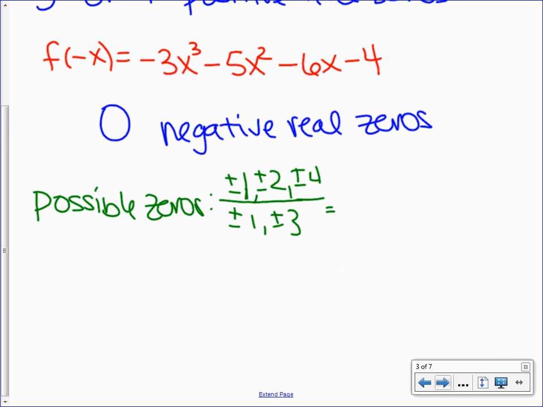So our rational zeros test, we would write plus or minus 1, plus or minus 1/3, plus or minus 2, plus or minus 2/3, plus or minus 4, and plus or minus 4/3. Right? So that's 12 possible zeros. We've just eliminated 6 of them. Okay, that's nice, right? Okay, let's go ahead and find these zeros. We did all this work. Let's apply it.